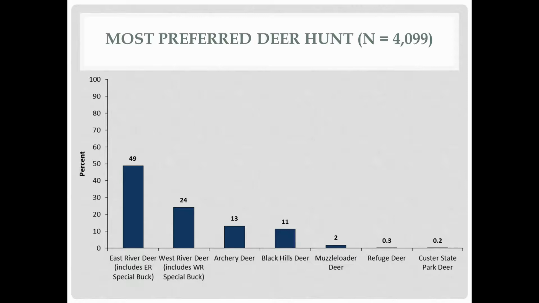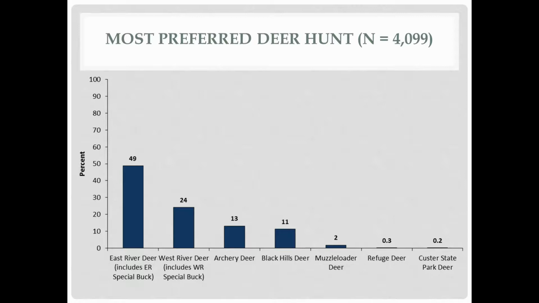So here, a hunter could only select one, so barring the 0.5% rounding error here, it does add up to 100%. So the majority of folks are falling into our major firearm seasons, East River and West River, as their most preferred.